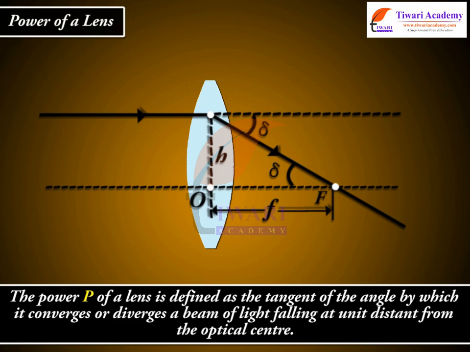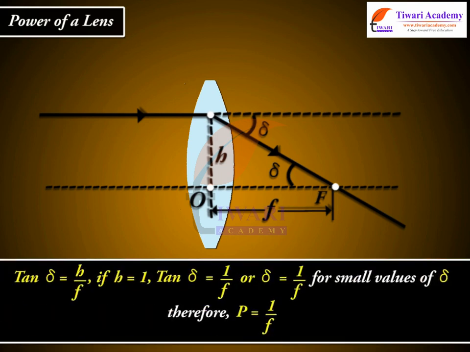The power P of a lens is defined as the tangent of the angle by which it converges or diverges a beam of light falling at unit distance from the optical center. Tan delta is equal to h by f, if h is equal to 1, tan delta is equal to 1 by f, or delta is equal to 1 by f for small values of delta.